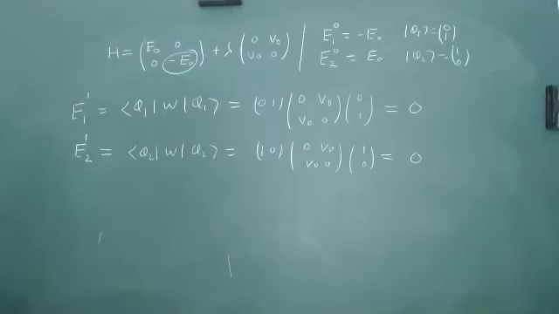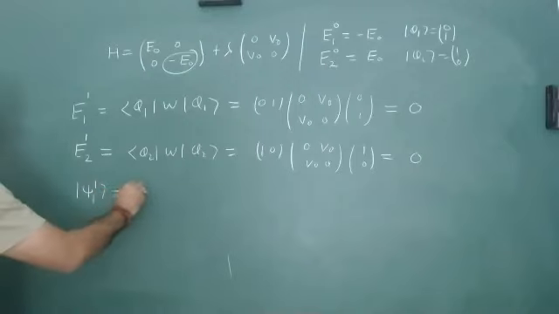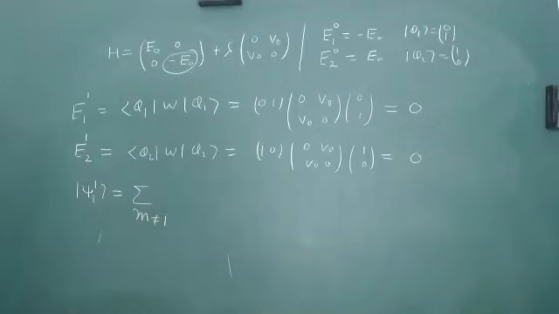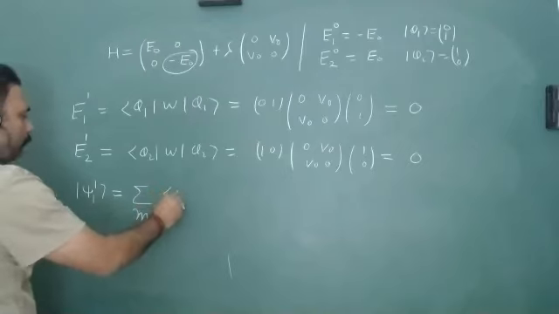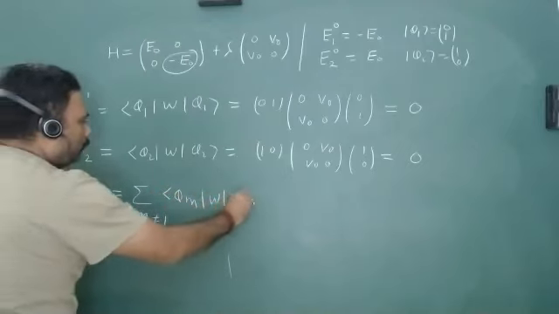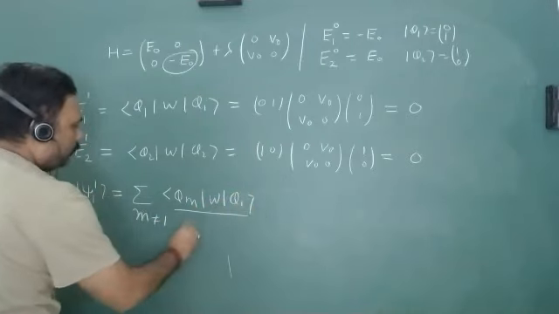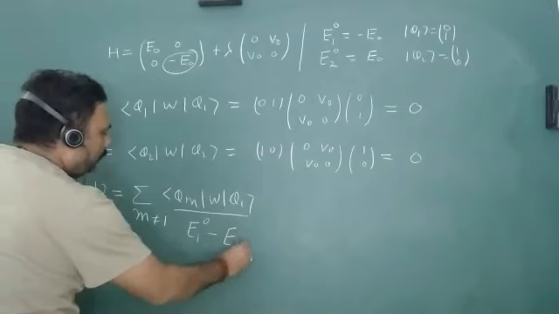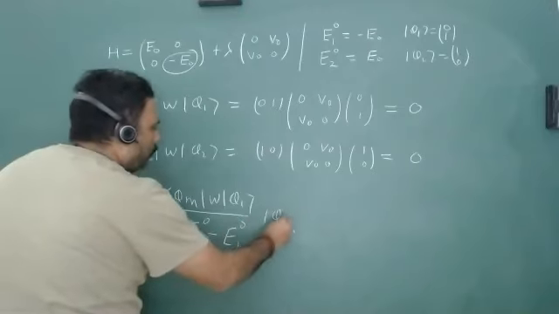Next, we have to calculate psi 1, 1. The formula has m not equal to 1, and what we have to do is write phi m W phi 1 over E10 minus Em0, times phi m.